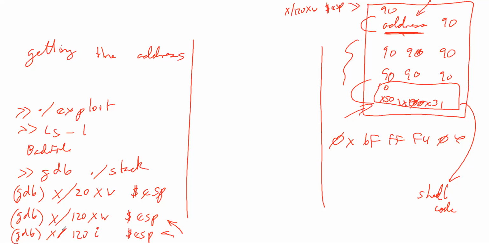Is this clear? What is i? You'll have to look it up in the manual of GDB. This presents the information in another way. I can't remember exactly, but I do remember that this actually works out a little bit better. You'll have to read the GDB help.